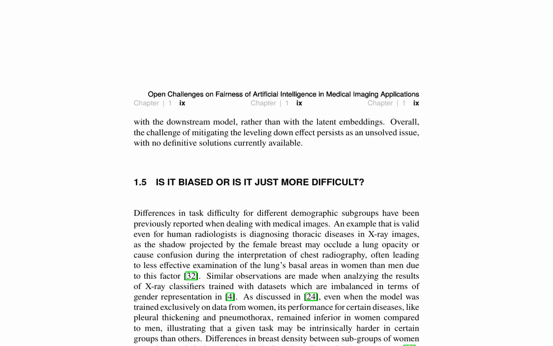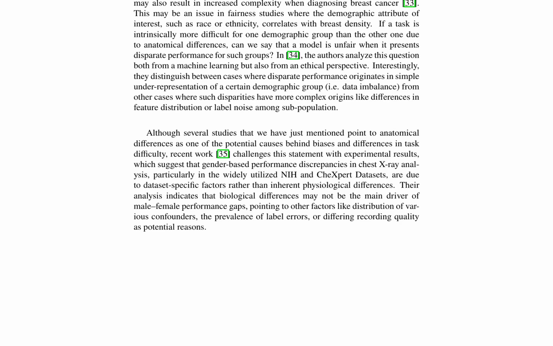For instance, diagnosing thoracic diseases in X-ray images is more challenging for women due to the shadow projected by the female breast, which may occlude a lung opacity. Similarly, differences in breast density between subgroups of women may increase complexity when diagnosing breast cancer. However, recent work suggests that dataset-specific factors, rather than inherent physiological differences, may be the primary cause of gender-based performance discrepancies in chest X-ray analysis.